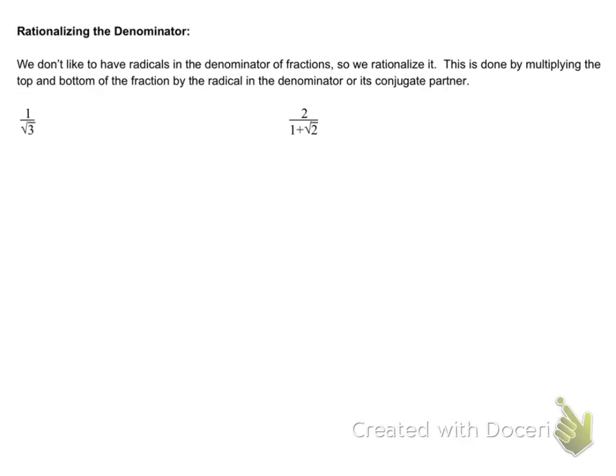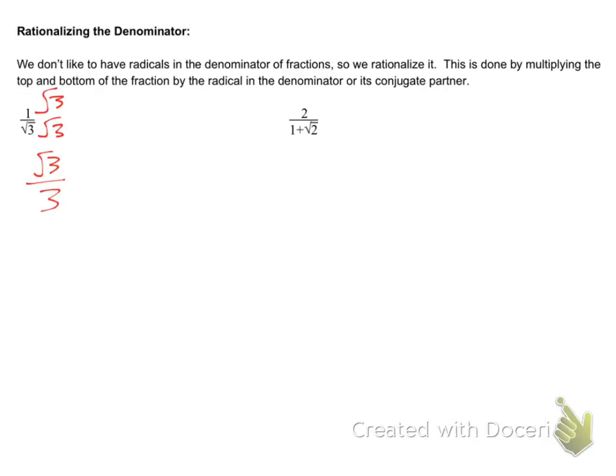What times square root of 3 will make it a nice number? Square root of 3. And so I multiply by square root of 3 over the square root of 3. Multiplying across, you get square root of 3 over 3. We've done something like that with the 1 over square root of 2 a lot last year.